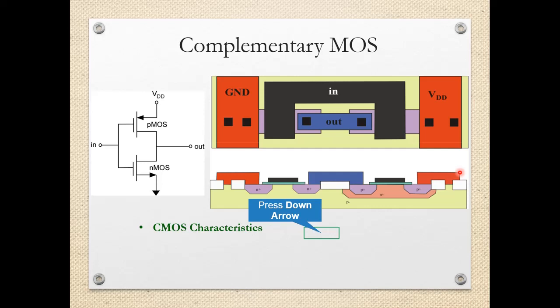This is the drain of N MOSFET and this is the source of P MOSFET. So drain of N MOSFET and source of P MOSFET are shorted, and from there the output terminal is taken outside. So this is the layout for this complementary MOS.